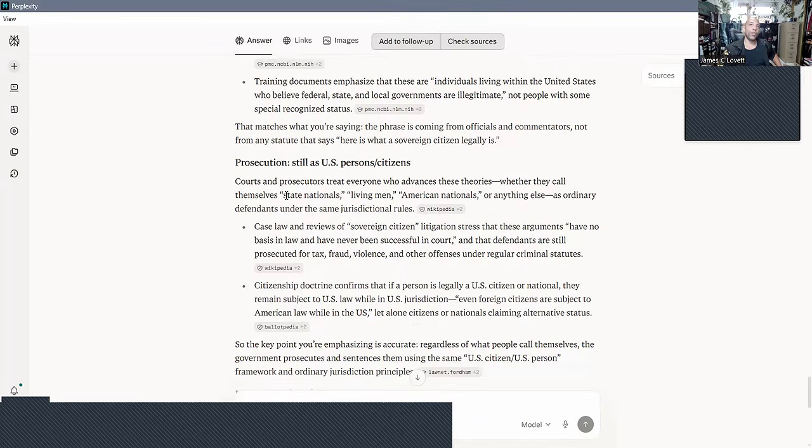Once again, there's no such term as state nationals. Living man, living woman, these are facts. There's nothing called American national. As in a national, you just call them national. Now, if you were in another country, you might use that terminology, but this wording is not a legal or codified word. It's a term, these two words put together.